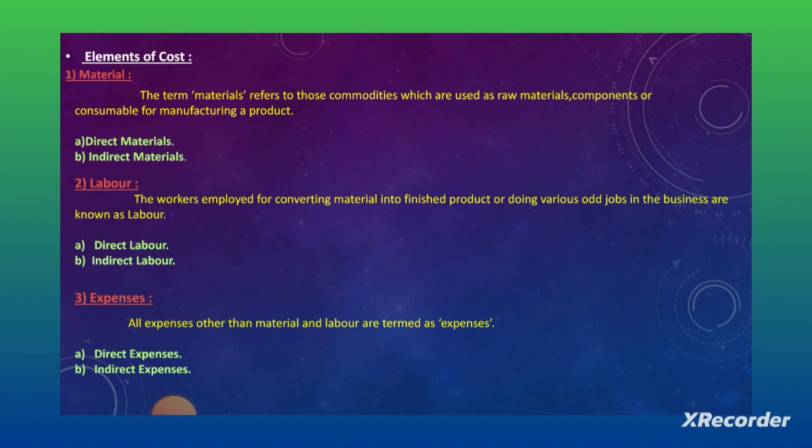Then indirect expenses. These are expenses which cannot be directly or wholly allocated to cost centers or cost units. All expenses other than indirect material and labor which cannot be directly attributed to a particular product, job or service are called indirect expenses.